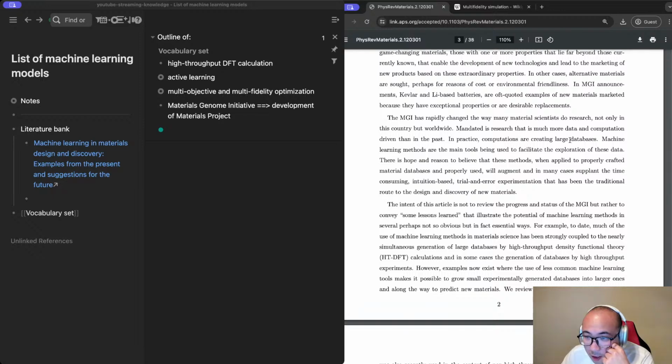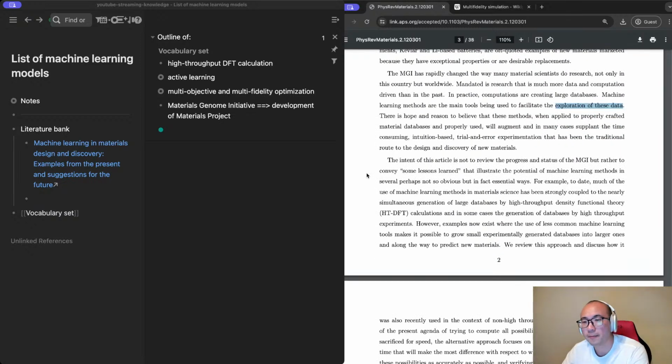Computation creating large databases. Machine learning methods are the main tools being used to facilitate the exploration of this data. There's hope and reason to believe that these methods, when applied to properly crafted materials databases and properly used, will augment, and in many cases supplant, the time consuming. Yeah, this is good.